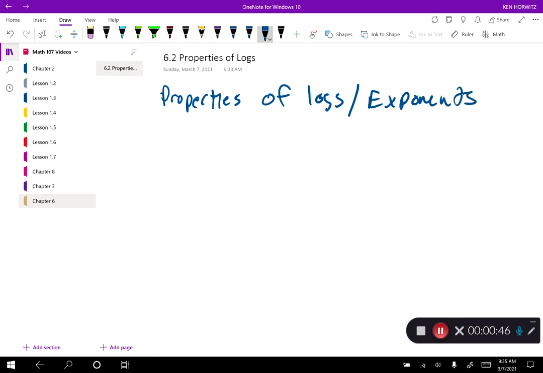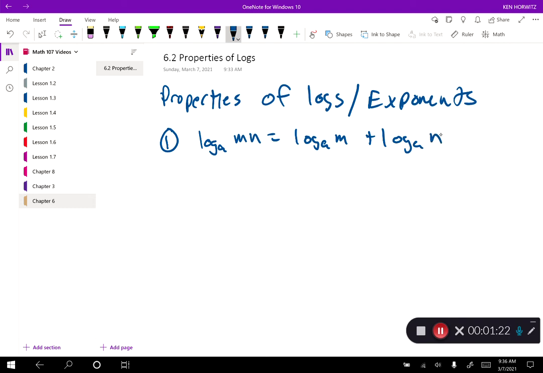All right, so the first property of logs is called the product property, and I'm going to utilize letters to generalize the property, but we're going to do some examples to be a little bit more specific. So if I have the log of any base A of expressions m times n, that's going to equal the log base A of m plus the log base A of n.